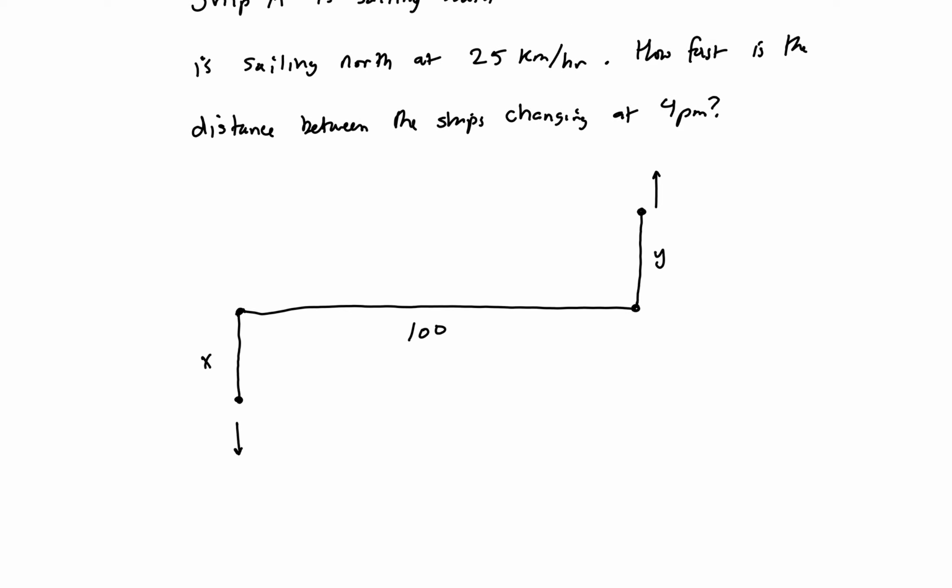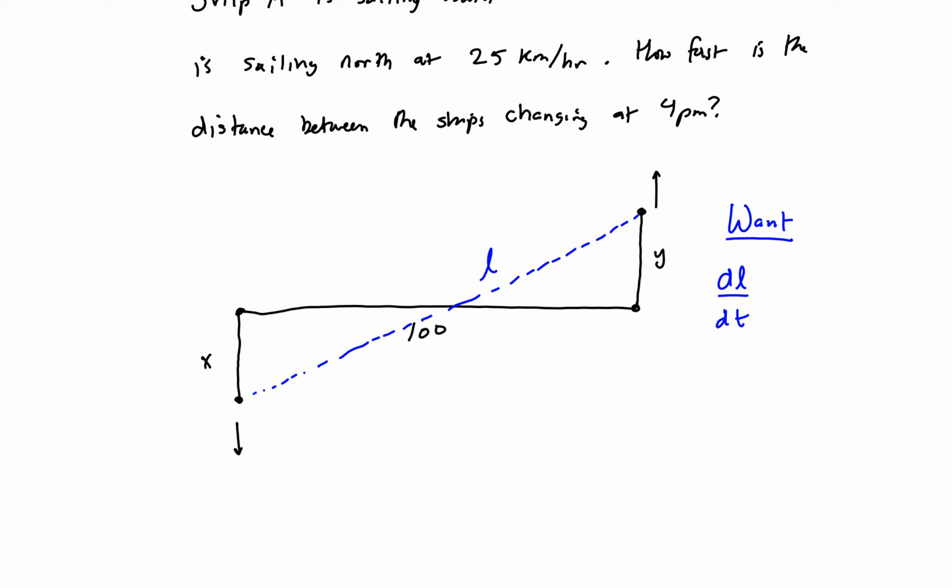And what we're asking ourselves is how fast is the distance between them changing? So this is that distance. Let's call that length there L, for length between the ships. And so what we want here is dL/dt.